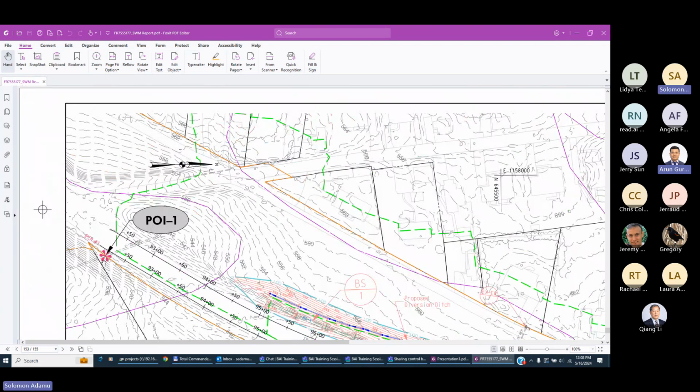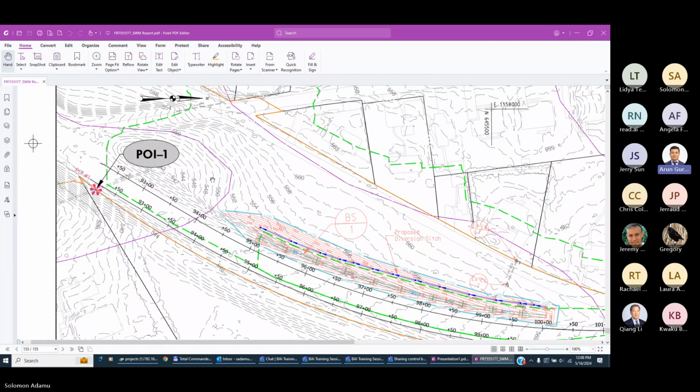For example, here in POI 1, you can see there's an outfall just southeast of it. We could have located that POI at the end of that pipe, which would have been fine. But we chose to show it at the right of way line, which I think is also fine.